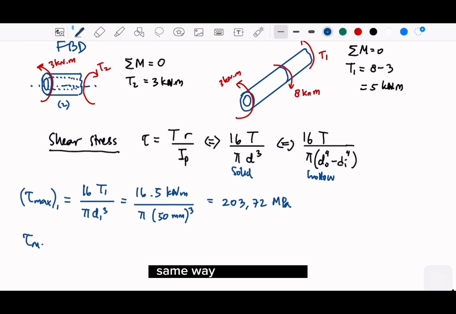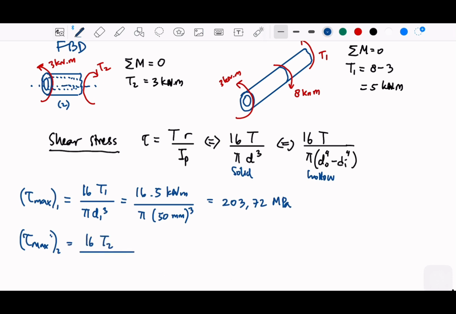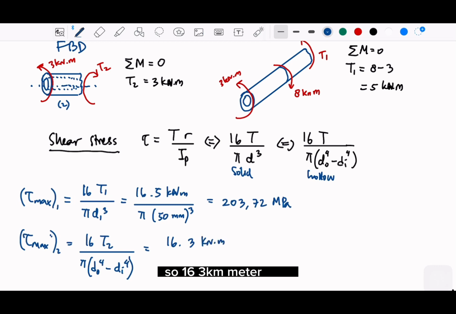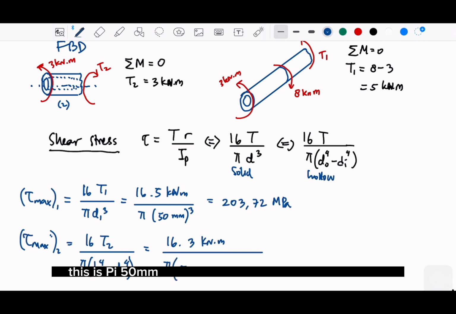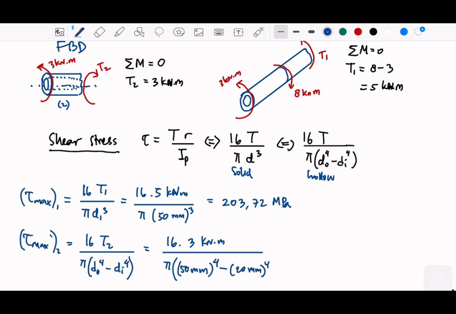Same way for the hollow, we can input 16 T2 over pi, so 3 kilonewton meter over, this is pi 50 millimeter to the power of 4, and then minus 20 millimeter with power of 4.